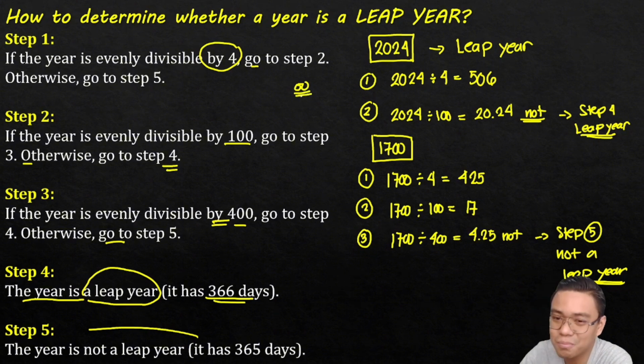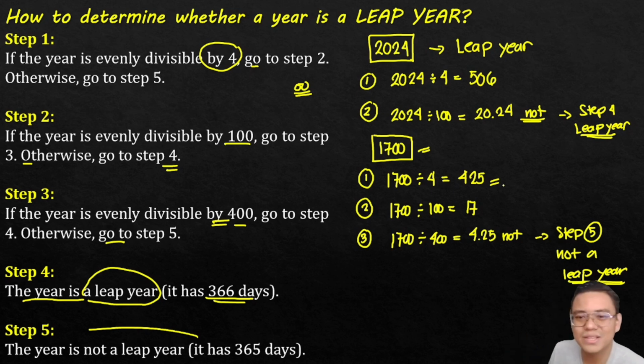If mag-end yung double zero, then that's the time that you are going to check if it is divisible by 100 or divisible by 400. Kasi ito, deceiving siya, di ba? Divisible by 4 siya. So, mag-consider ka talaga, oh, this is a leap year, but it is not. Okay? So, that's how you identify and that's how you determine whether it is a leap year or not. Okay?